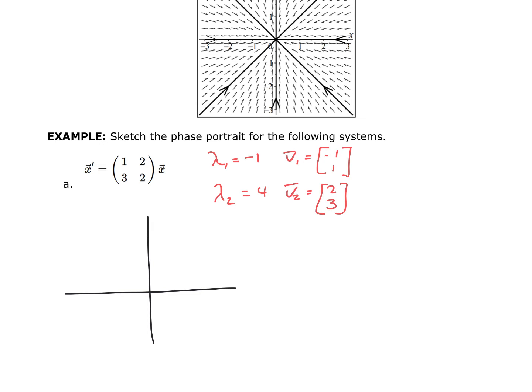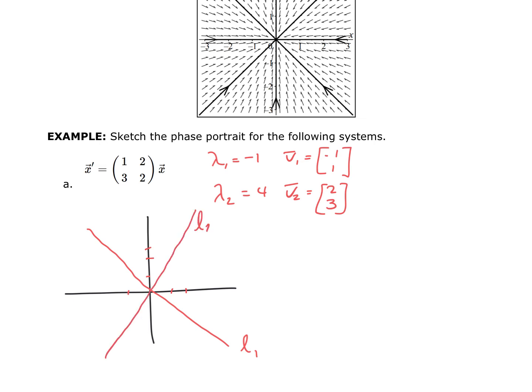So I put my axes in there. My first vector, which is V1, is -1, 1. So I'd go -1, 1, and this is the line associated to that eigenvector. My second line, which I'll do in red as well, will be 2 in the X and 3 in the Y, so it's going to look something like that.